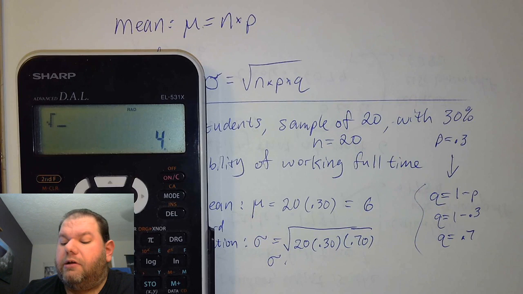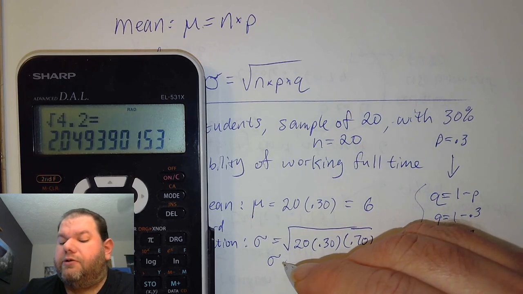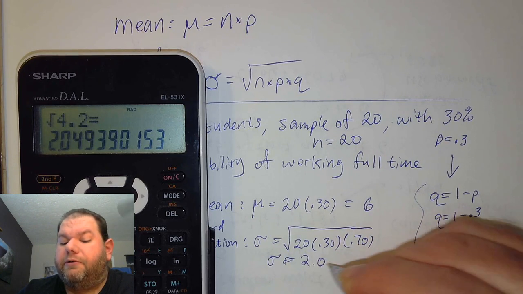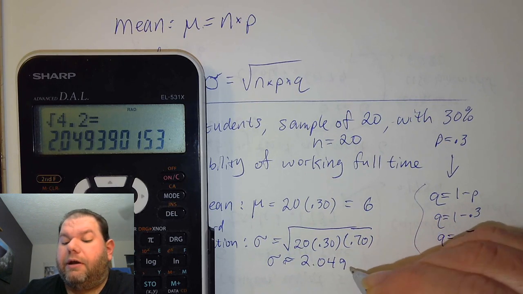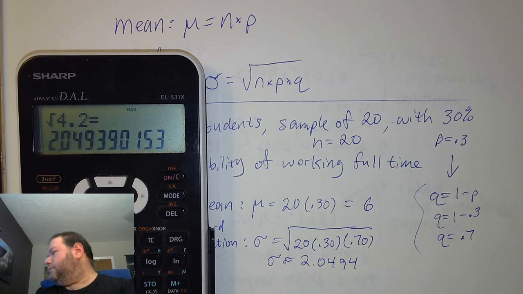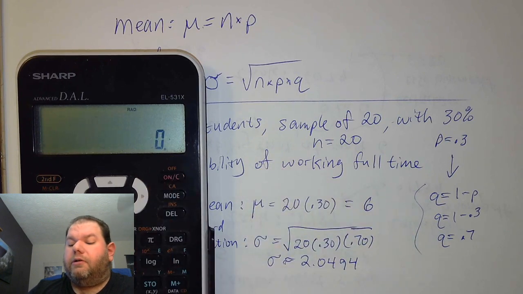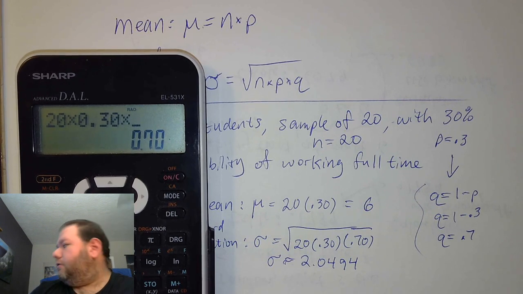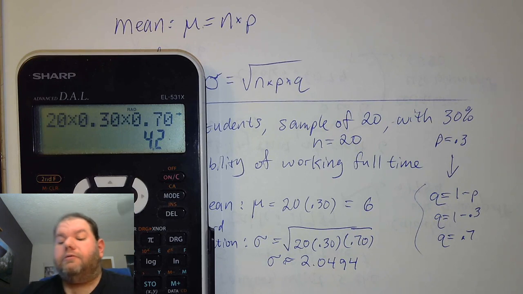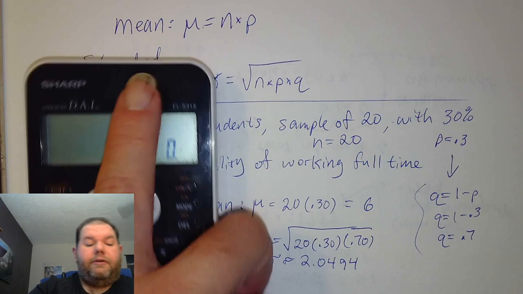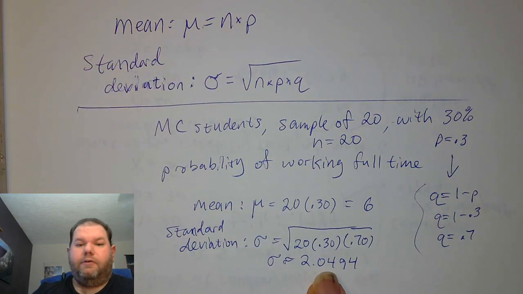Sorry. Our standard deviation is approximately 2.0494. I must have missed a decimal before. 20 times 0.30 times 0.70. Yeah, okay. I must have been at a weird angle. Alright, sorry about that. But yeah, it's 2.0494.